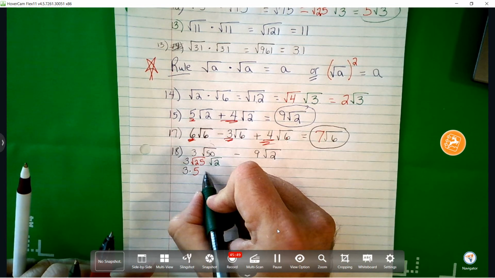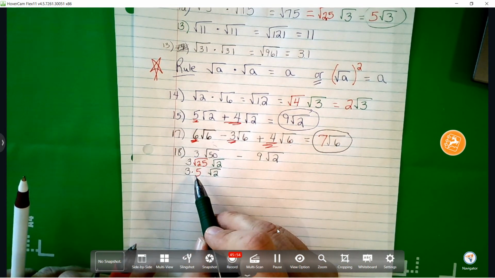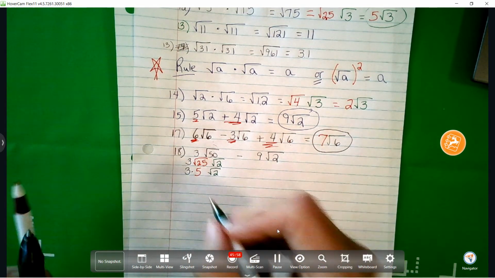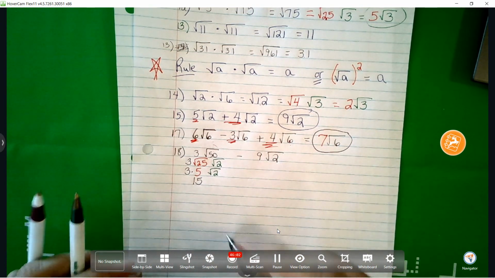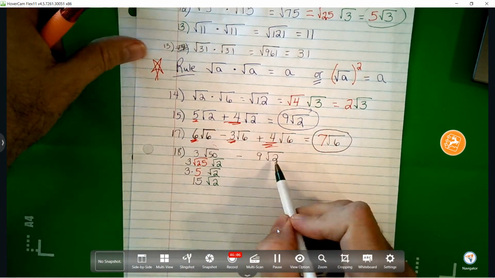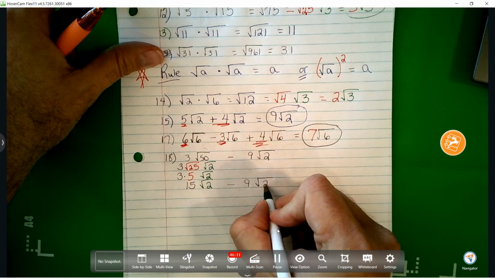Square root of 2. Now this is not 35. It's a 3 times square root of 25, or 3 times 5. I can write that as 15 square root of 2. Now let me go ahead and carry down this minus 9 square root of 2.